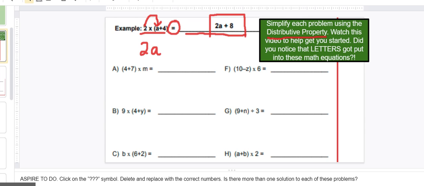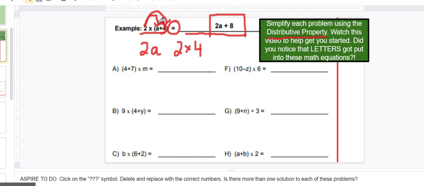So we've taken 2 times a. Now we're going to distribute out this 2 and say, I'm also going to do 2 times 4. So over here, I'm going to have 2 times 4. What I have used is 2 times a and 2 times 4.